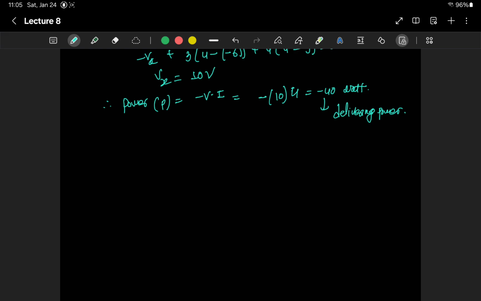Comparing these two methods, node versus mesh method.